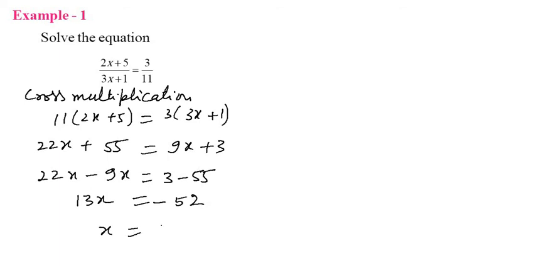So x will be equal to minus 52 divided by 13, because 13 is in multiply. 13 times 4 is 52. So x becomes minus 4. x will be minus 4. So that is your answer.